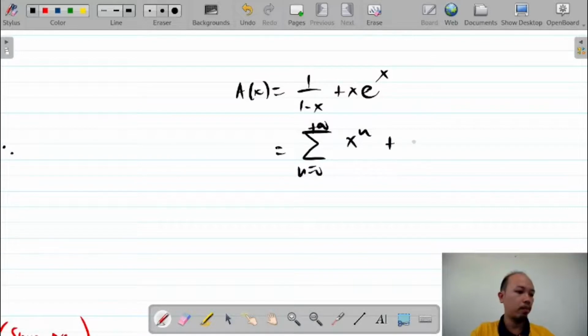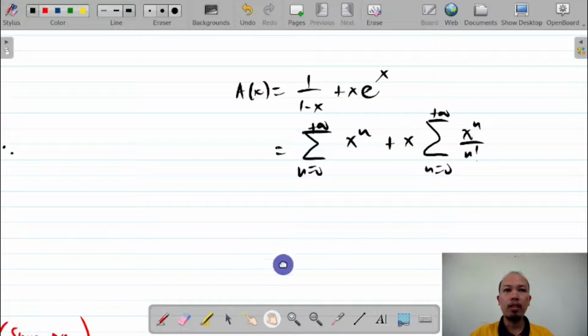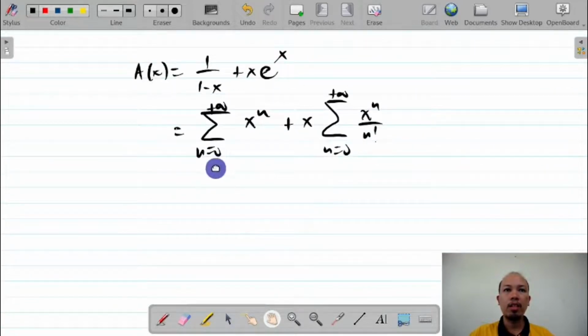But the second term on the right hand side is the exponential function, e to the x. This is x to the n over n factorial, n starts from 0 to positive infinity. And as you have noticed, the same argument, n is equal to 0.